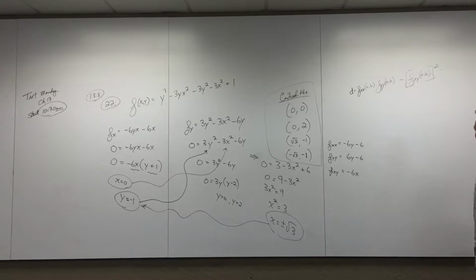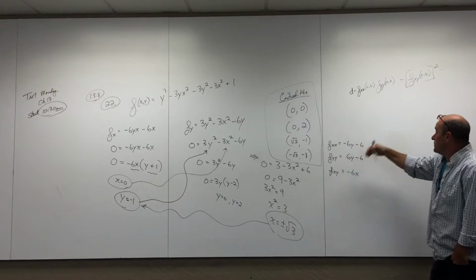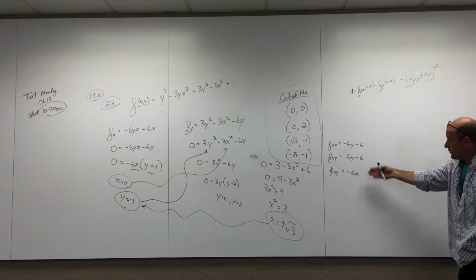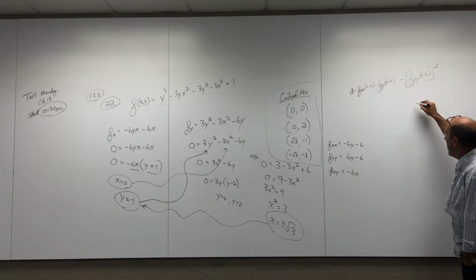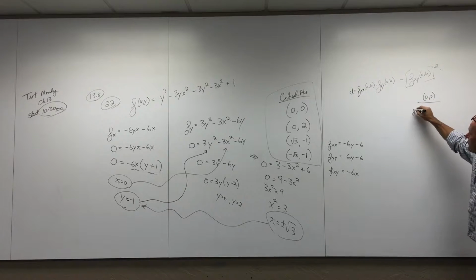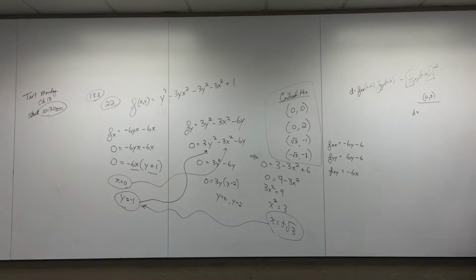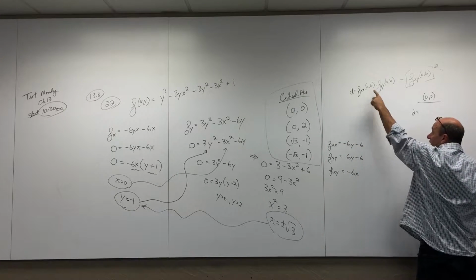Now what do I do? Like I said, I calculate this d for each of these critical numbers. To calculate this d, I needed these three second partials. Let's try that for the point 0, 0. You're plugging the 0, 0 into fxx.